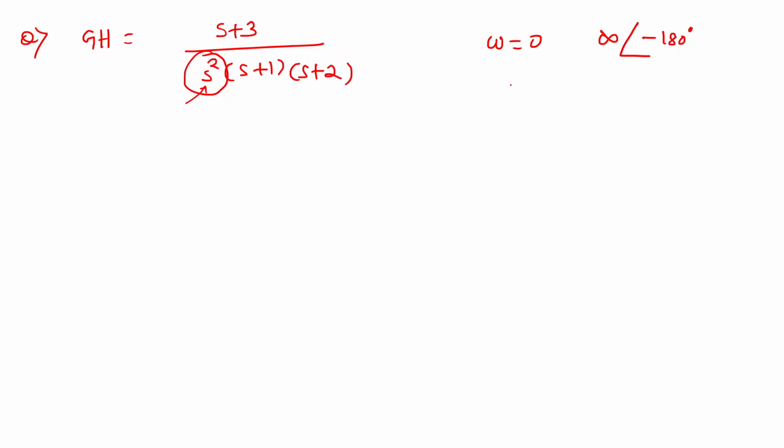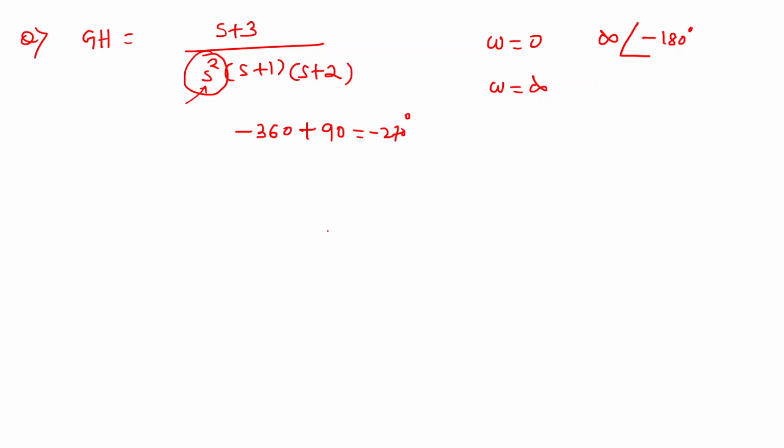Now, at omega equal to infinity, you have to consider all the poles and zero locations. Four poles are there. One pole contributes minus 90, so four poles are minus 360, and one zero contributes plus 90. So the total angle is minus 270.